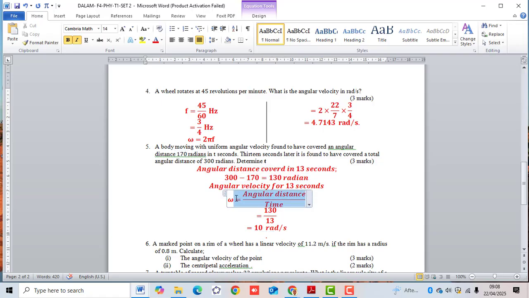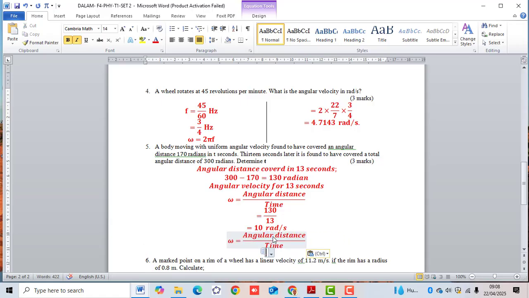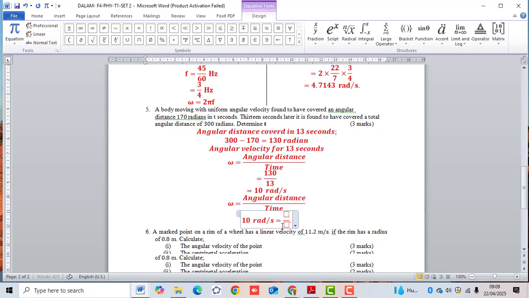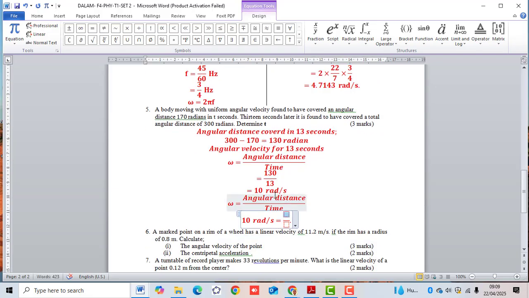So 10 rad per second is equal to our angular distance, now it is 170, over the time t, the one that we are looking for, and this one is in rad.